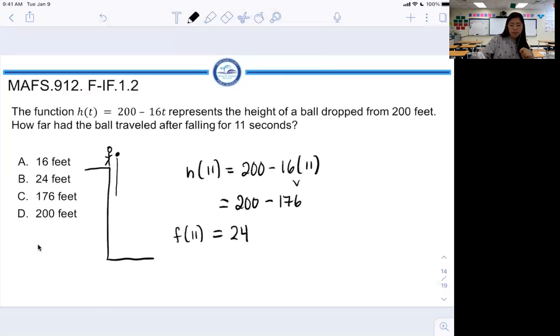He drops the ball. 11 seconds pass. The ball is now over here, and that's 24 feet. But it's not asking where the ball is, it's asking how far did the ball travel. So if the ball started at 200 and it went down to 24, how many feet did it actually fall? 176.